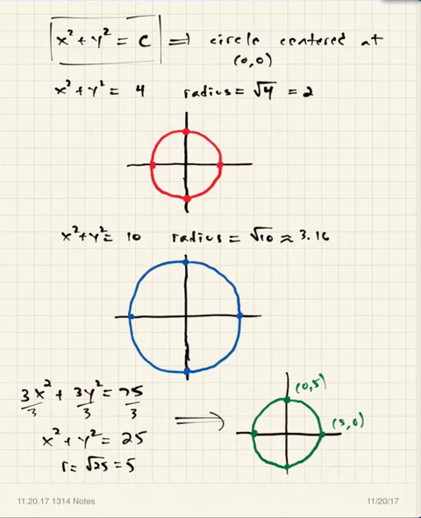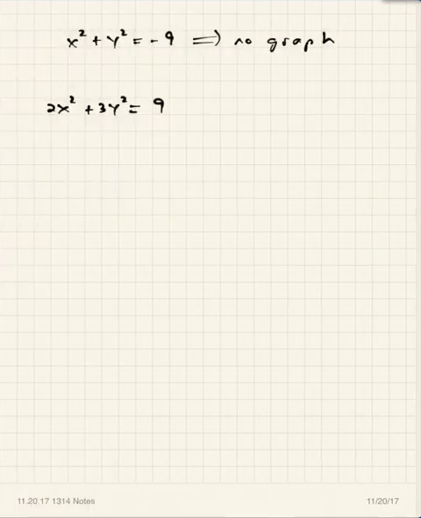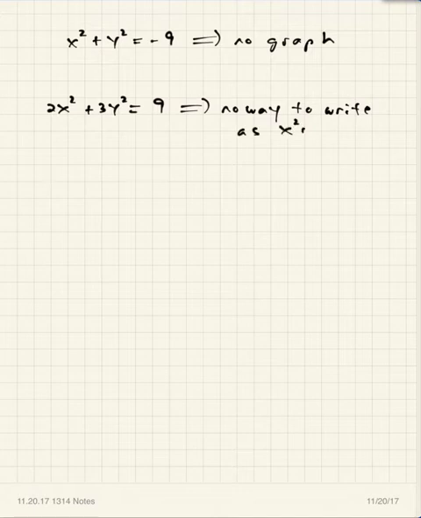And so I could write this equation in the form x squared plus y squared equals a constant, because I could just divide everything by 3. There's no way to do that in this problem. So no way to write it as x squared plus y squared equals a constant. And so this is not a circle.